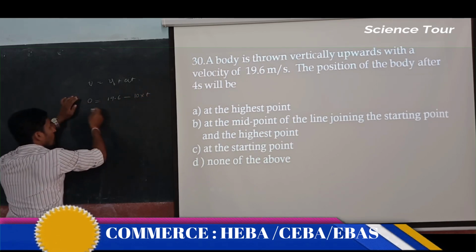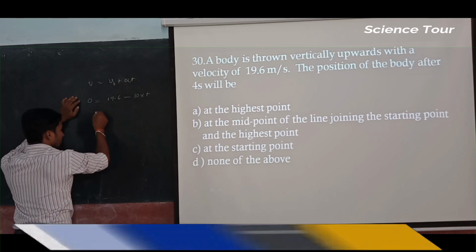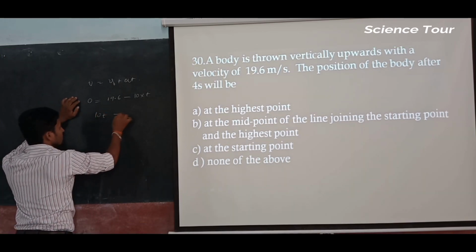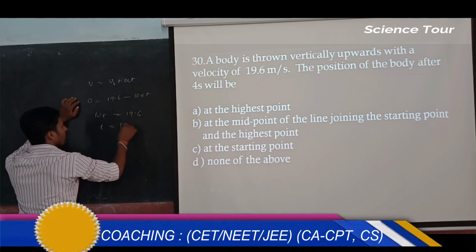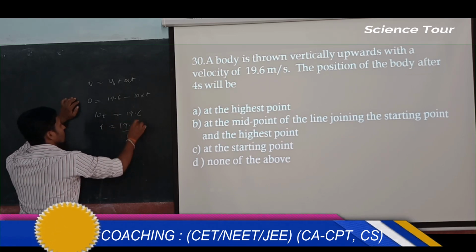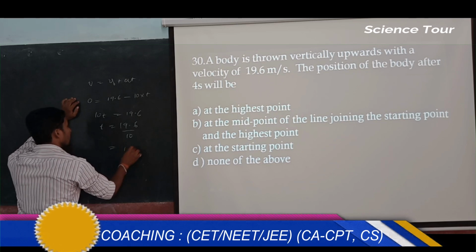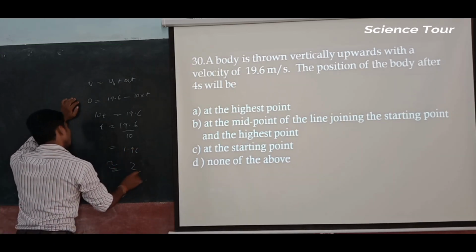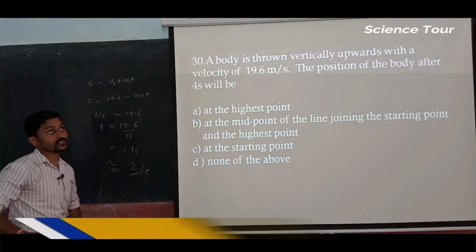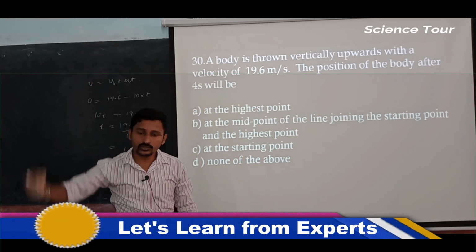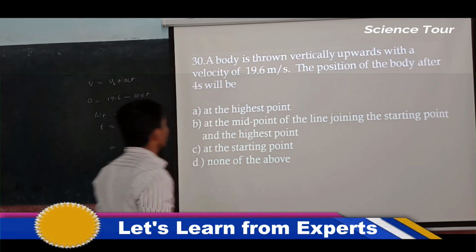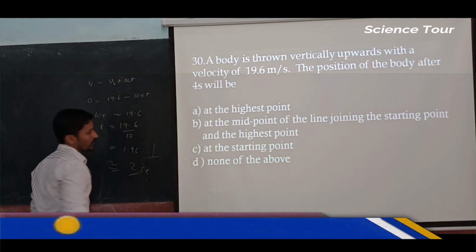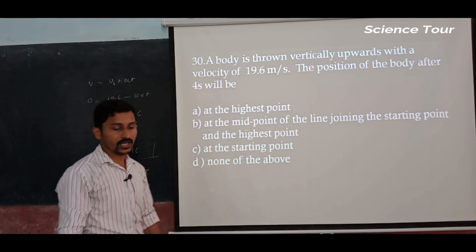So 10t is equal to 19.6, t is equal to 19.6 divided by 10, which is 1.96, nearly equal to 2 seconds. So it takes 2 seconds to go up and 2 seconds to come back down, which means after 4 seconds it will be at the ground only, at the starting point.